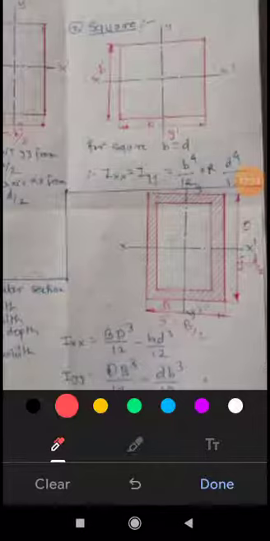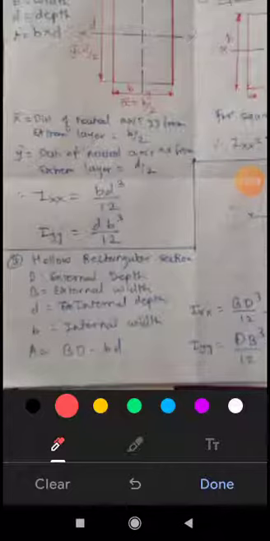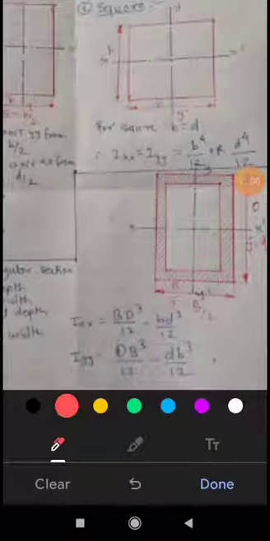Capital B is the width of outer rectangle. Capital D is the depth of outer rectangle. Small b is the internal width. You can see over here there are two rectangles, outer and inner. Capital B, capital D are the parameters of the outer rectangle, and small b and small d are the parameters of the internal rectangle.